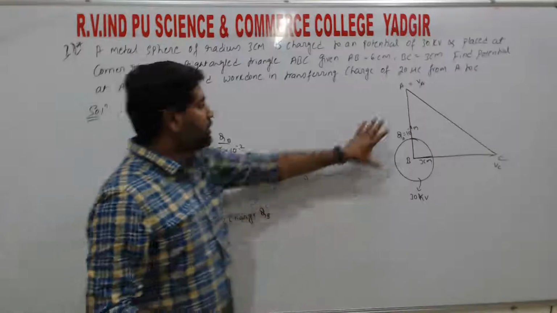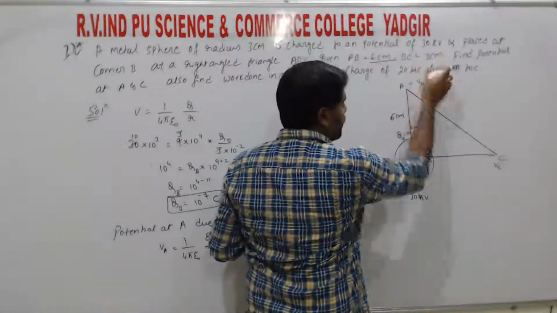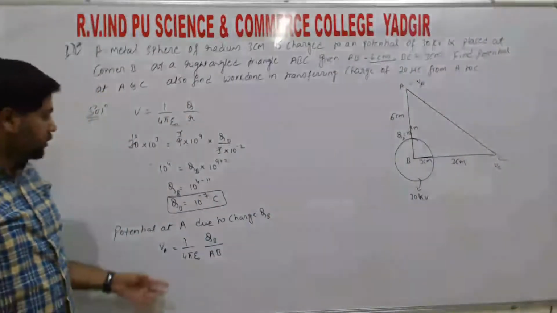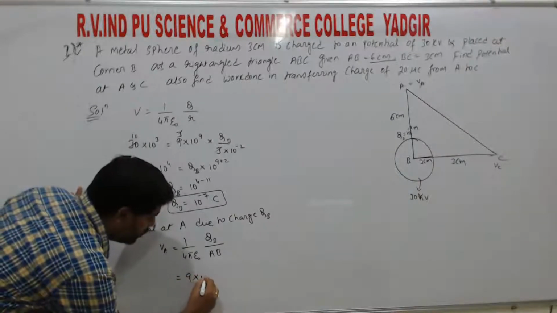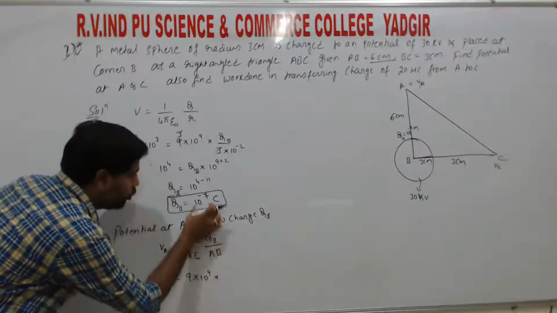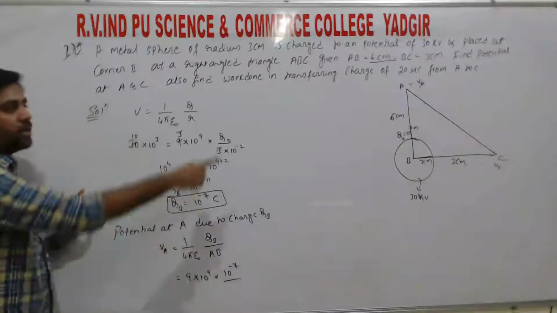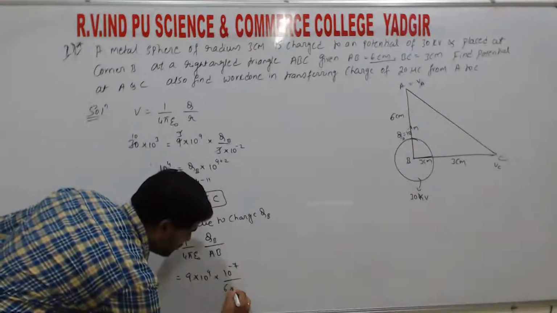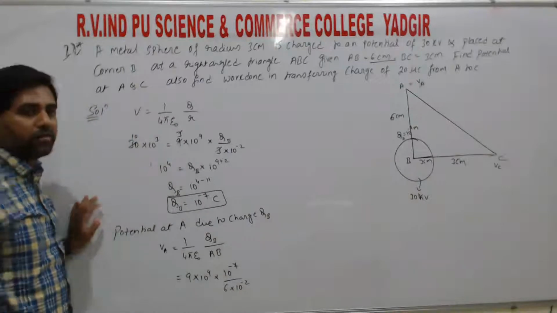So they have given this distance AB as 6 centimeter and BC as 3 centimeter, right? So substituting the values here, 9 into 10 to the power of 9 into QB value, 10 to the power of minus 7, divided by the distance AB, 6 centimeter, 6 into 10 to the power of minus 2 meter, right?